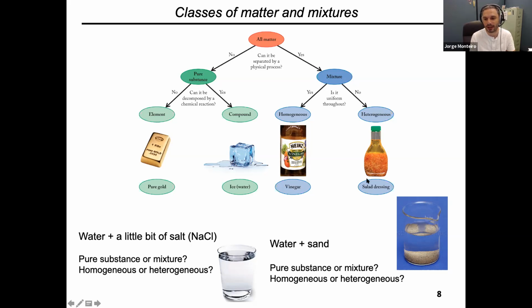For example, here a salad dressing. You can clearly see here one phase on the top, another phase here at the bottom. So therefore, it is heterogeneous. Okay. So again, here use the common sense and use the chart if needed.